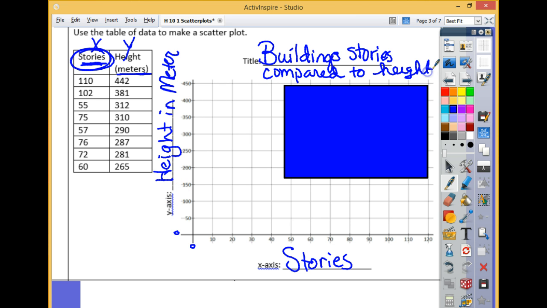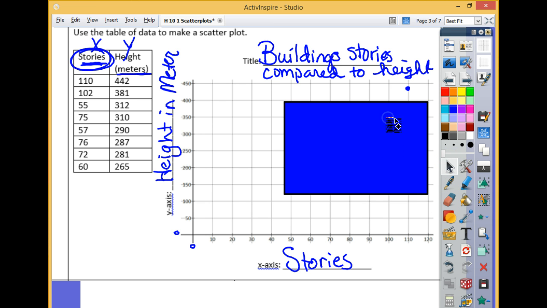Now we get to plot them all. 110 to 442. Well, it's easy to find 110. That's right here. But then you're going to have to kind of guesstimate. Go all the way up here to 110. And, well, halfway between 400 and 450 is what? 425.